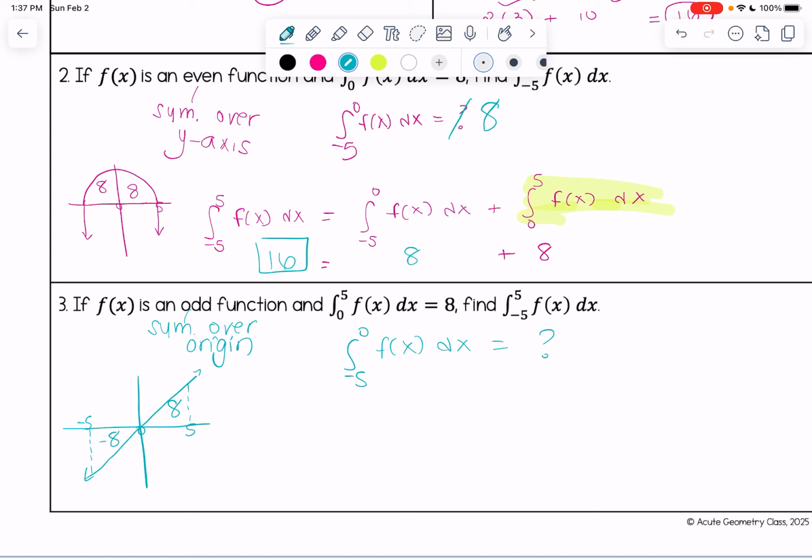We're going to have a negative in there since that's below the axis. So this tells me that this is negative 8, and my final answer for the definite integral from negative 5 to 5 of f of x dx would really be negative 8 plus 8, which is going to be 0.